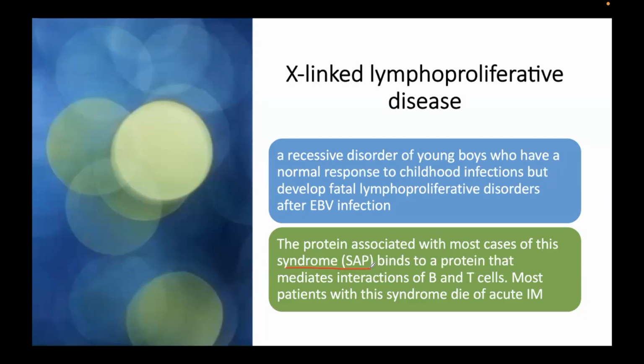This is what Harrison's calls X-linked lymphoproliferative disease. Okay, X-linked lymphoproliferative disease. So this is fatal, fatal, X. And this is after Epstein Barr infection. So please take note of this.